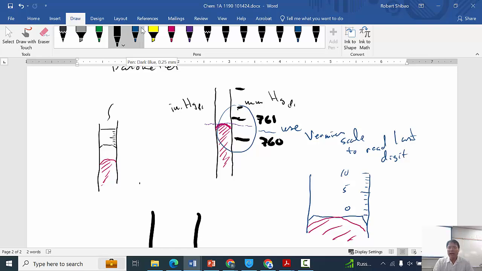Then look for any line on the vernier scale that matches a line on the barometer. So, for example, it looks like the 7th line on the vernier scale matches with the line on the barometer.